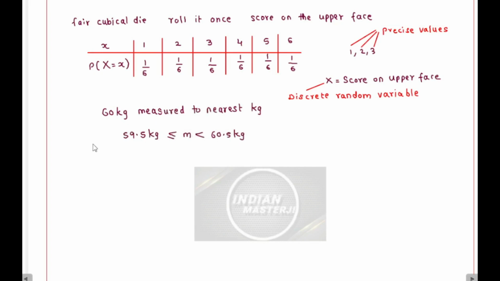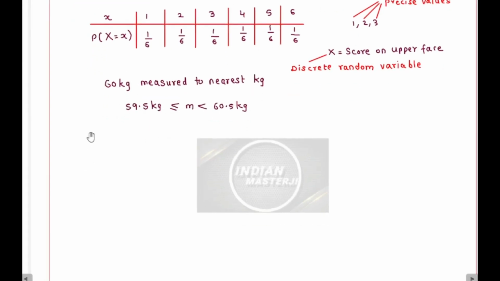So I am not able to give my exact, precise mass. My mass has been defined in a particular interval here. So my mass, or the mass of any person, can in turn be represented by something called a continuous random variable. Mass is basically an example of a continuous random variable.